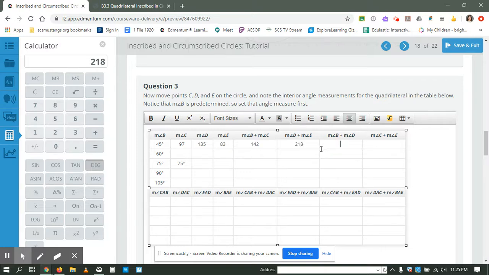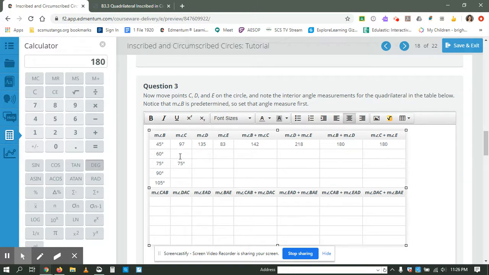And then measure of angle B plus the measure of angle D. So 45 plus 135, it's 180. And then C plus E, 97 plus 83, and that's going to be 180.